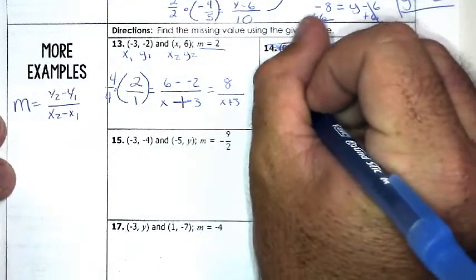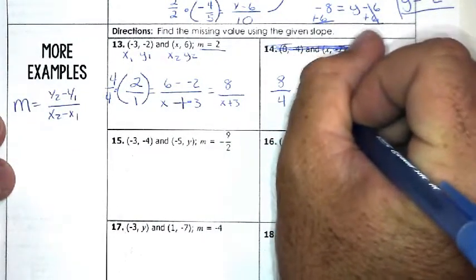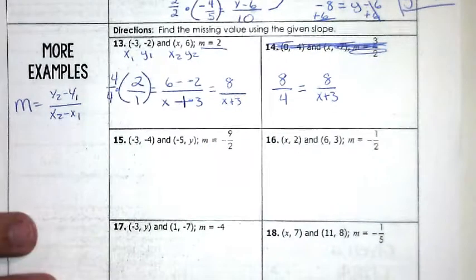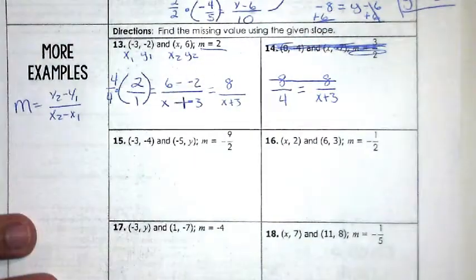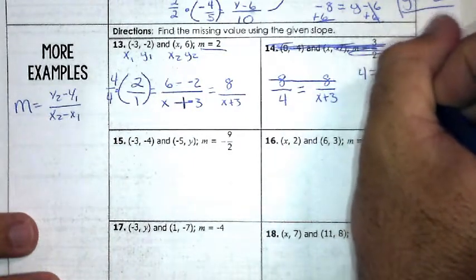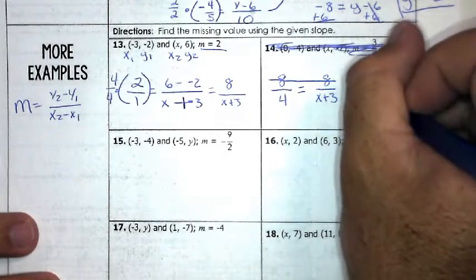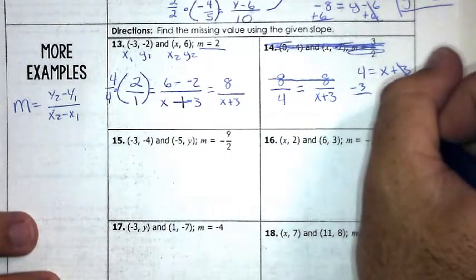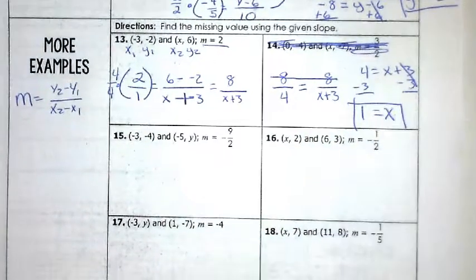Do I now have equal numerators? Can I cross them out now? Yes. What am I left with? 4 equals x plus 3. Can I solve 4 equals x plus 3? By doing what? Minusing 3. Minusing 3. Zero pair cancels out. I'm left with x equals 4 minus 3 is 1. 1 is the loneliest number that you'll ever be. Yep. It's solving equations. What we did in Unit 1.